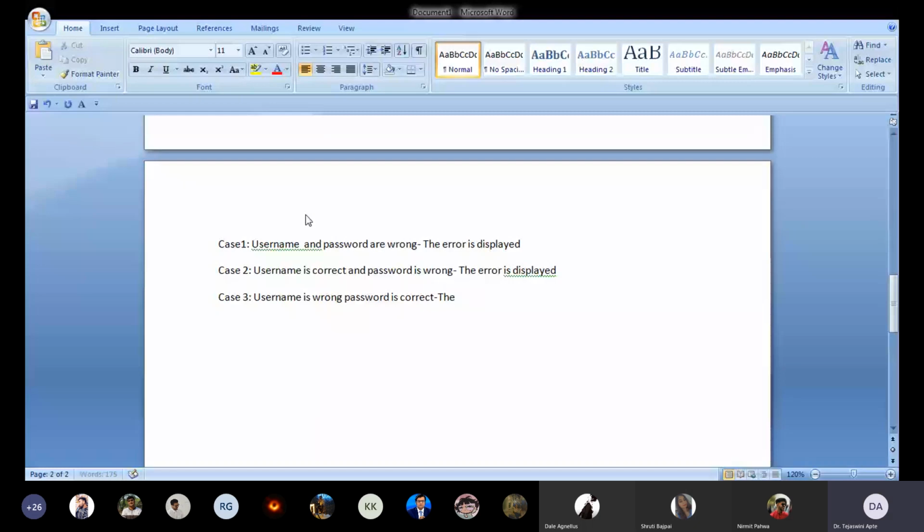The error is displayed. Right? Case 4 could be like both are correct. The next screen is displayed.